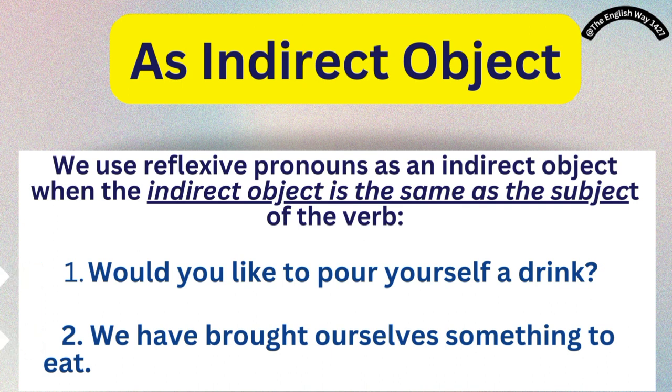Would you like to pour yourself a drink? In this example, the indirect object is the same as the subject of the verb. Example number 2. We have brought ourselves something to eat. In this example, the indirect object is the same as the subject of the verb.